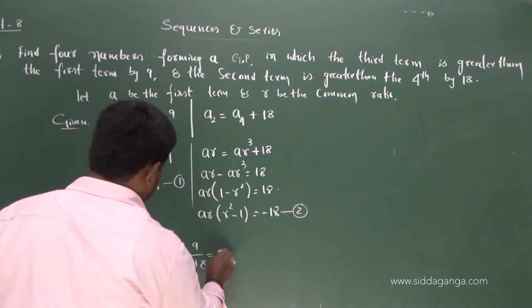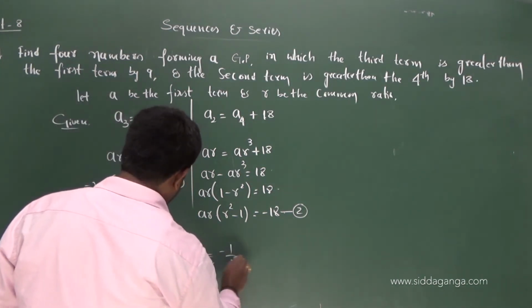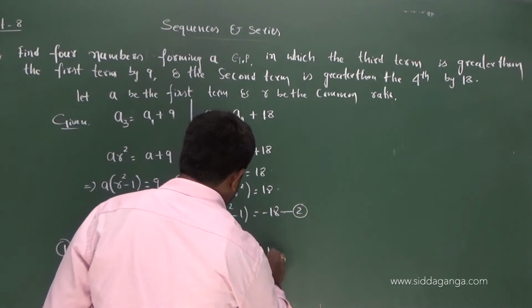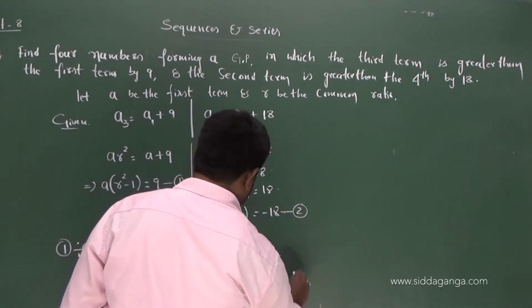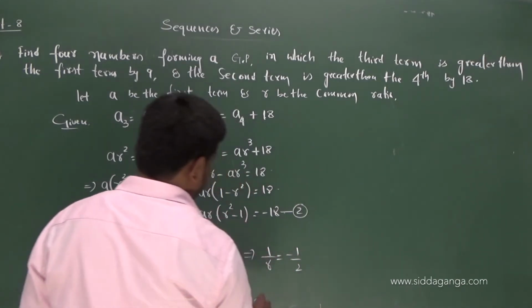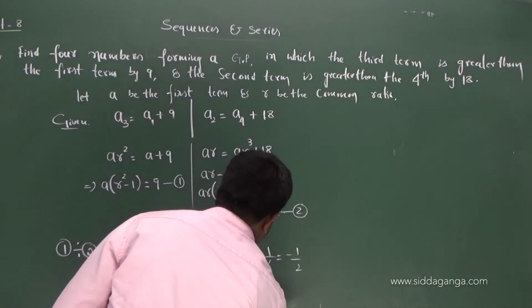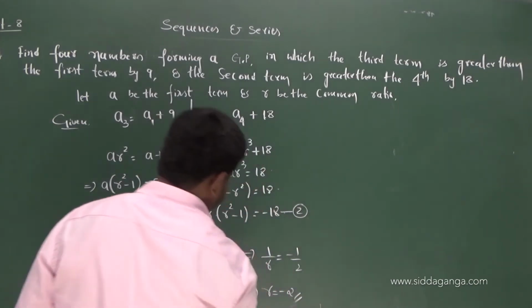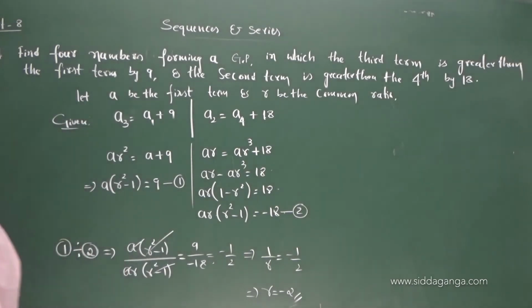So you get minus 1 by 2. This gives 1 by R is equal to minus 1 by 2, so R is equal to minus 2. The common ratio is R equal to minus 2.